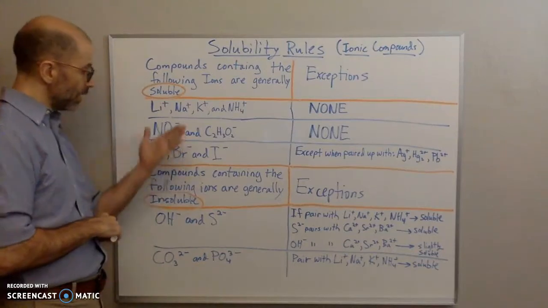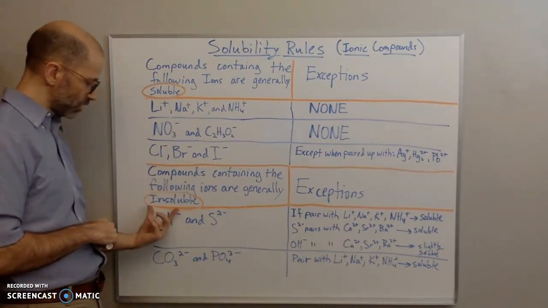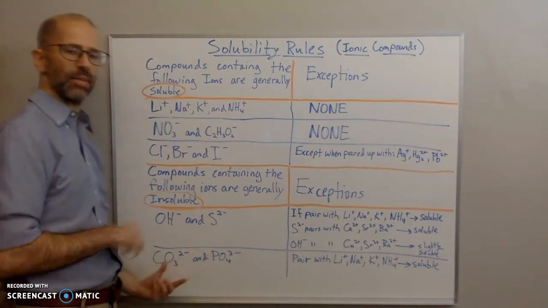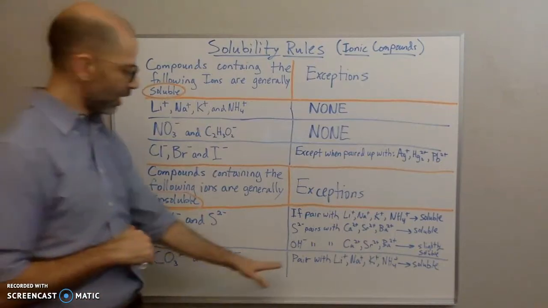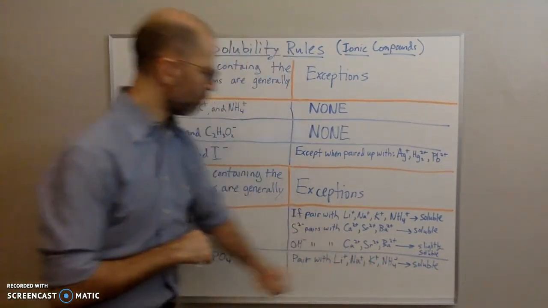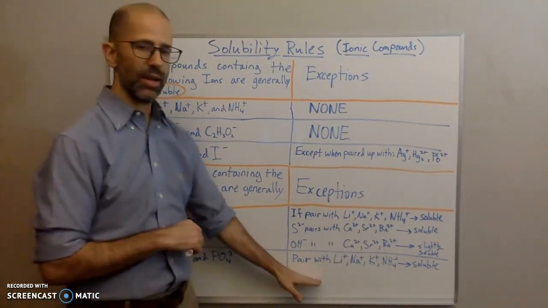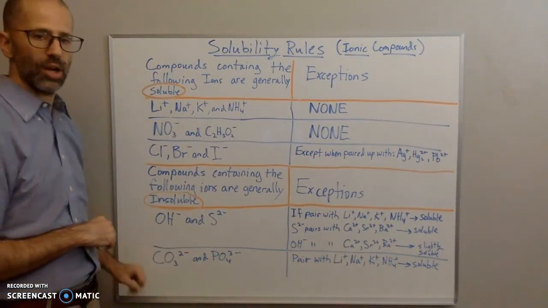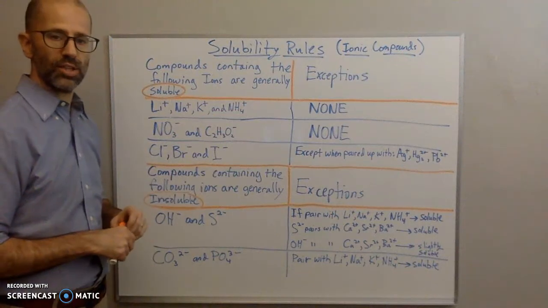So again, under this category of insolubility, compounds that have carbonates and phosphates in them are generally insoluble. However, if you pair them up with lithium, sodium, potassium, and ammonium, these four here, then they are soluble. Otherwise, they are insoluble. So that's how you're going to read the solubility rules.